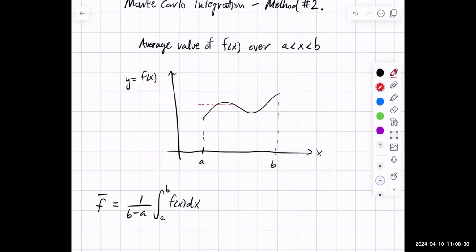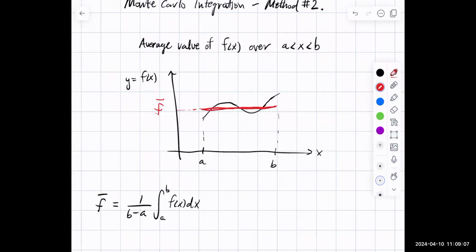I don't know if I'll get it perfectly right, but it probably should be a little bit lower than that. Let's fix this up. Okay, so something like this. This is F bar between the limits A and B.